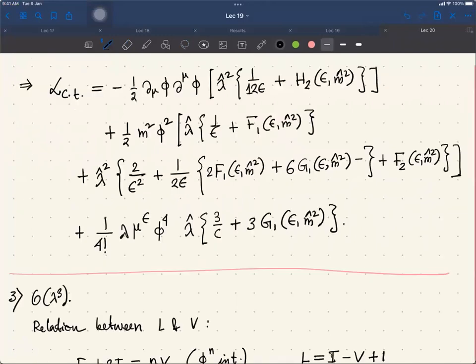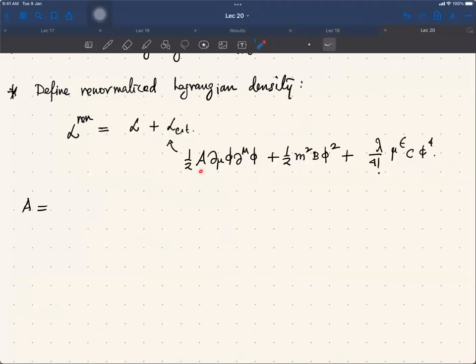So let's get to the result. This is the result that we found last time. This is the counterterm Lagrangian that we found earlier, and you see that this has this kind of a form.